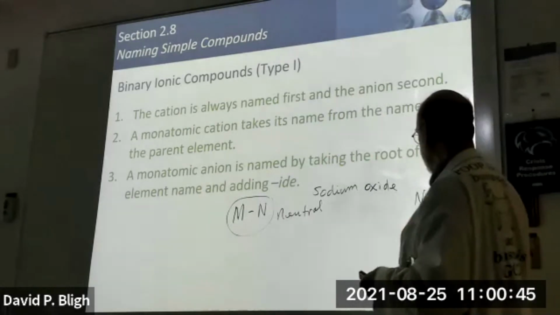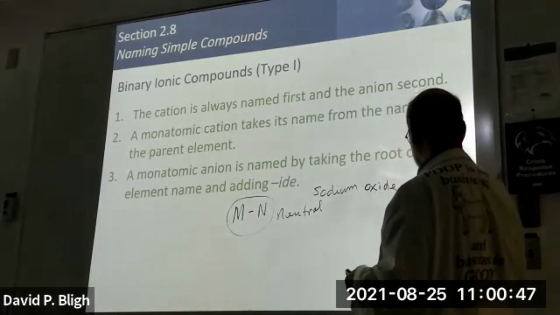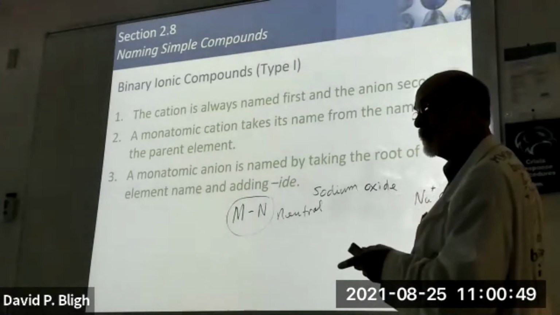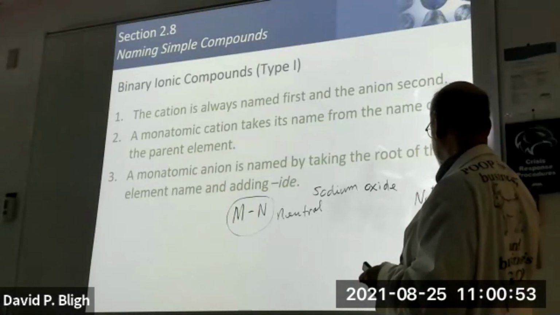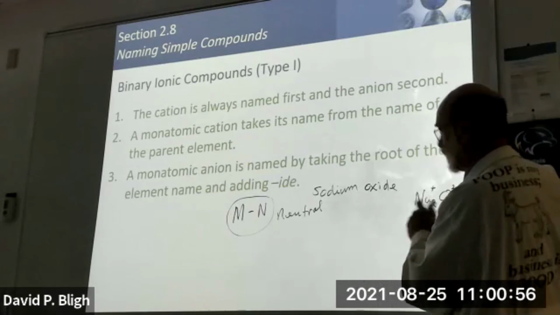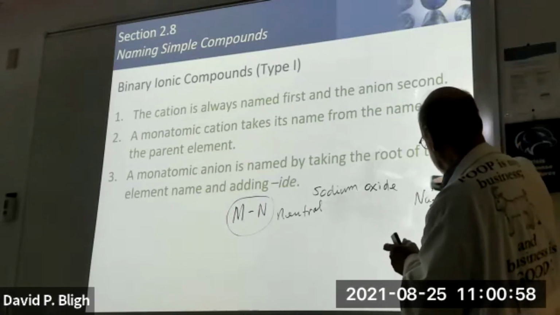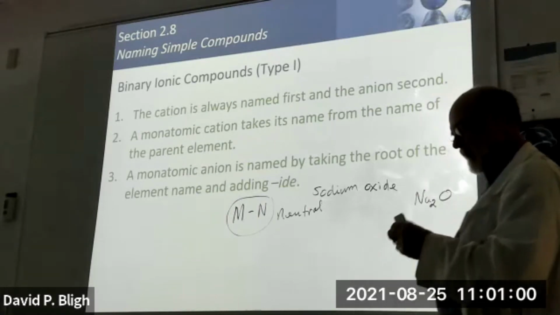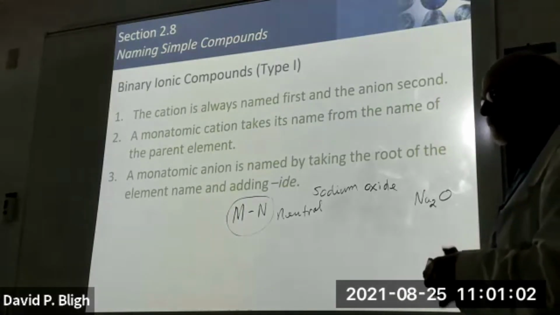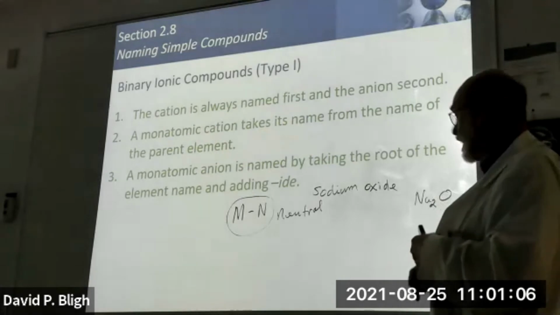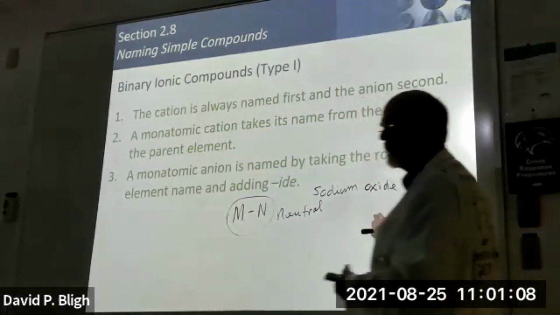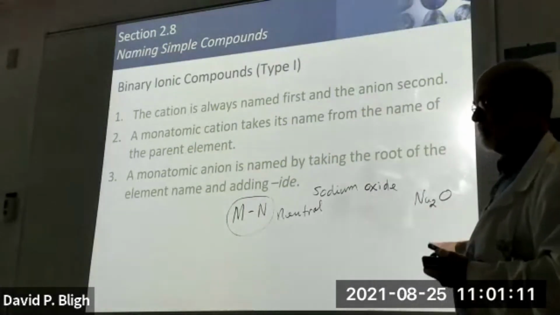And if oxide is always 2-, that means we need 2 of those. When you write the compound, you don't put the charges in there. I just put them in for bookkeeping purposes. So that's sodium oxide. You only have to say sodium oxide, and you know it's this compound.